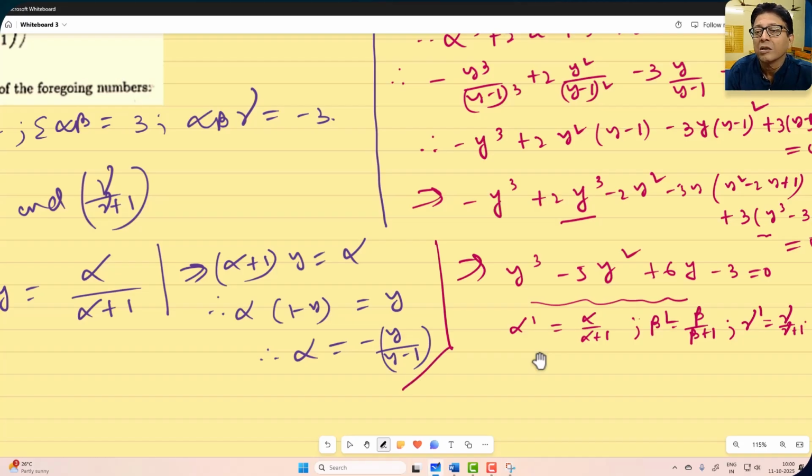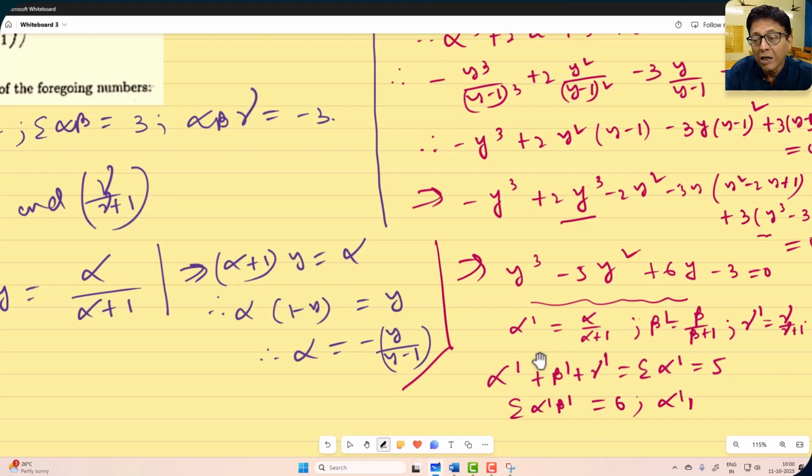Alright. So, what's the sum of the roots alpha dashed, beta dashed, gamma dashed? That's sigma alpha dashed is 5. Sigma alpha dashed beta dashed is 6, and alpha dashed beta dashed gamma dashed is 3.